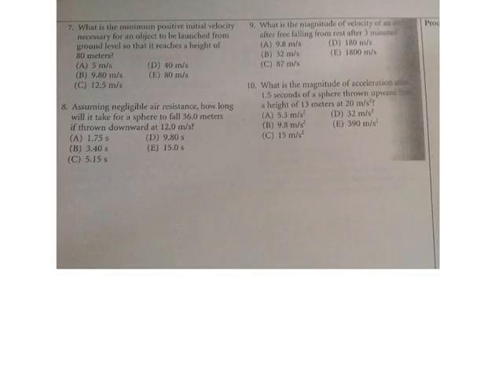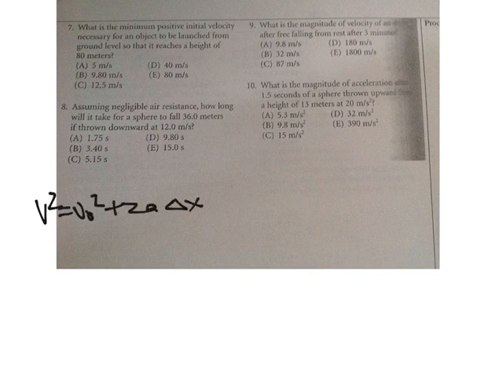What is the minimum positive initial velocity necessary for an object to be launched from ground level so that it reaches a height of 80 meters? So we know that the final velocity is 0. We know the acceleration, so we need to find initial velocity. So the easiest one, you could use others, but this would be the best.